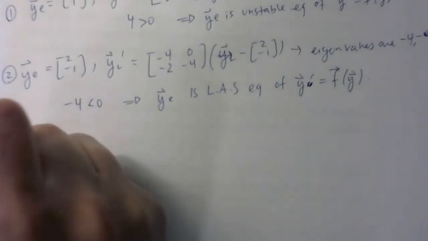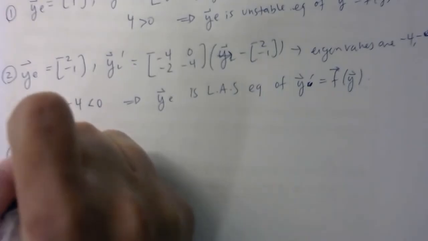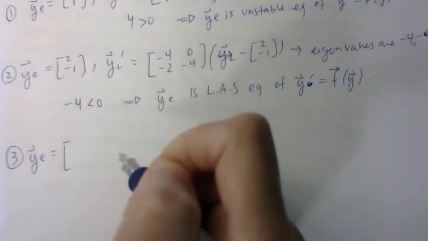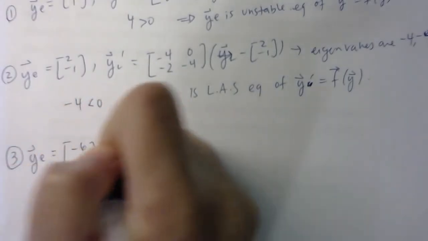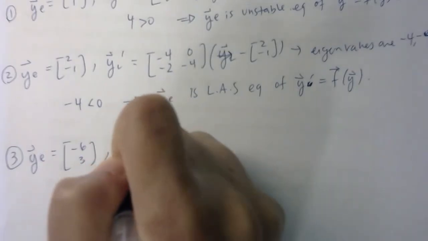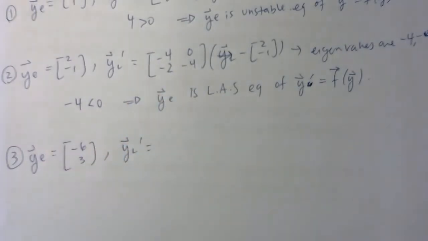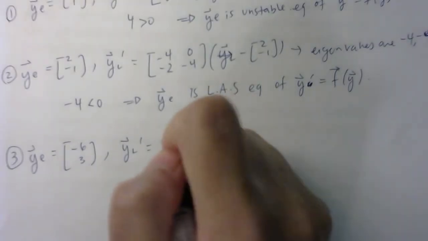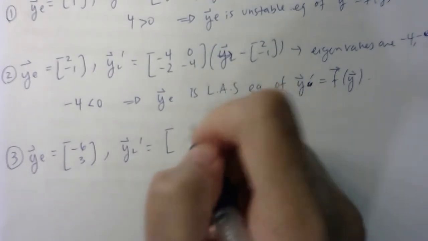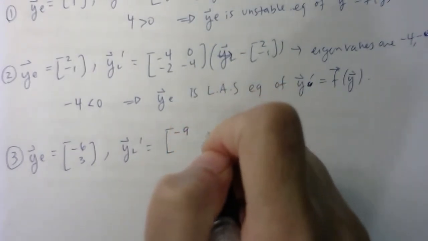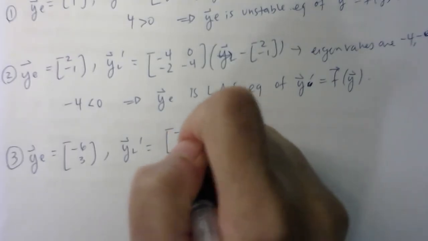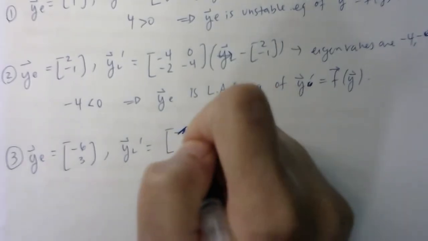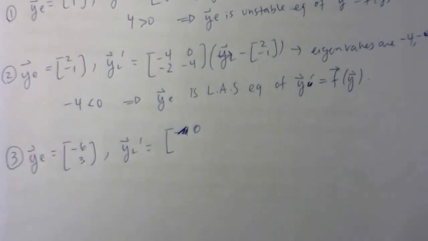Okay. Third, we have minus 6 and 3. So the linearized system is the Jacobian. Minus 6 minus 3 is minus 9. Oh, whoops, y2. Excuse me. It's a 0. Y2 minus 3.